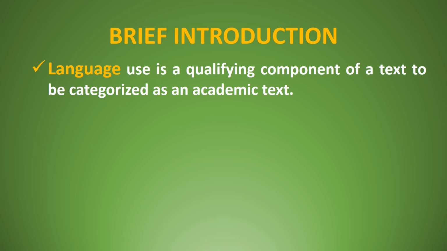So language use is a qualifying component of a text to be categorized as an academic text. Meaning, to be considered as an academic text, you have to use the most acceptable words or language in writing.